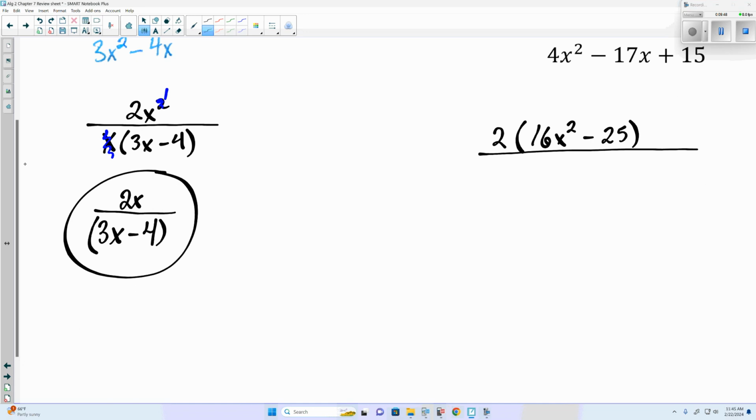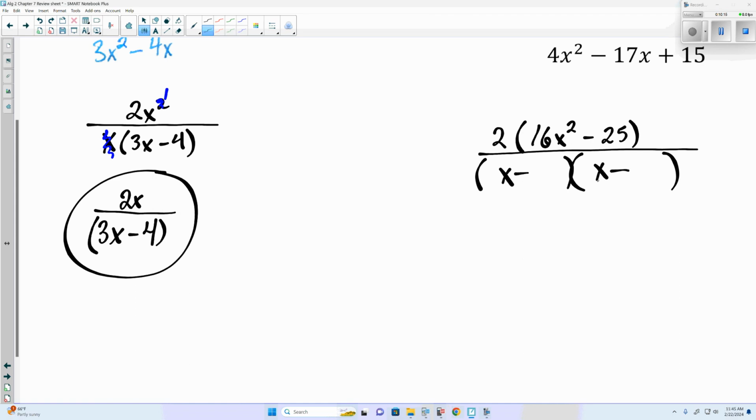Now the denominator, 4x squared minus 17x plus 15. No greatest common factor as we stated already, but there's a good chance that it is factorable. Now we go through our steps. Since the third term is positive, the signs are the same and match the sign of the middle term. Minus and minus. 4x squared. Well, we'd have x and x.